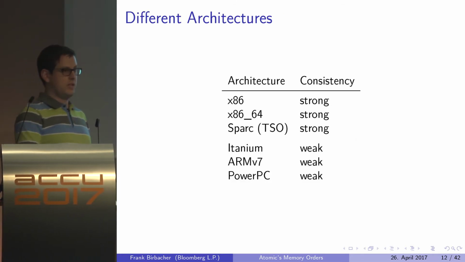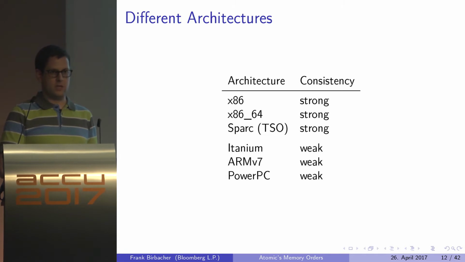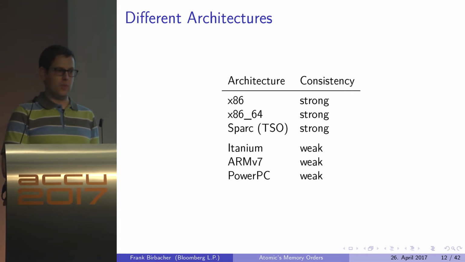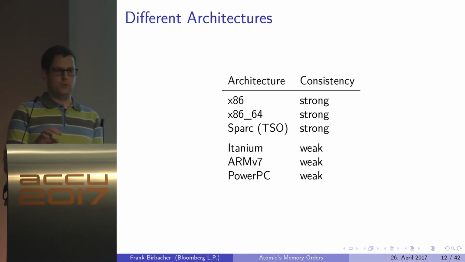So in a broad sense, we can categorize architectures in terms of consistency and say they are strong or weak. So the Intel architecture and the 64-bit architecture are strong. And Sparc has, by now, with the modern processors, also a strong consistency. But there are more nuances to this than strong or weak.